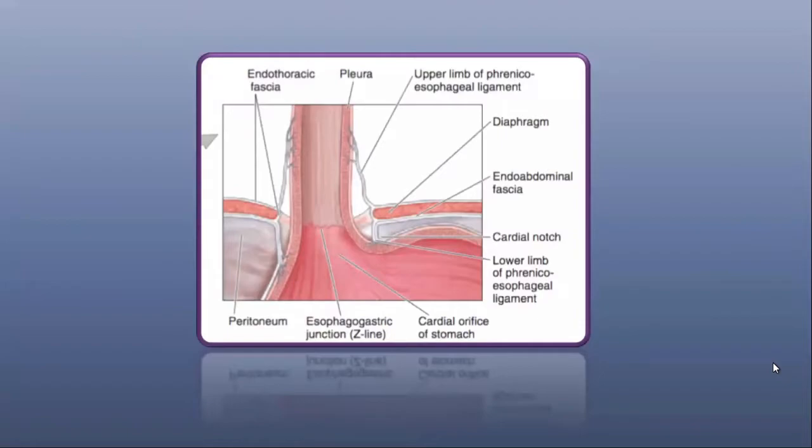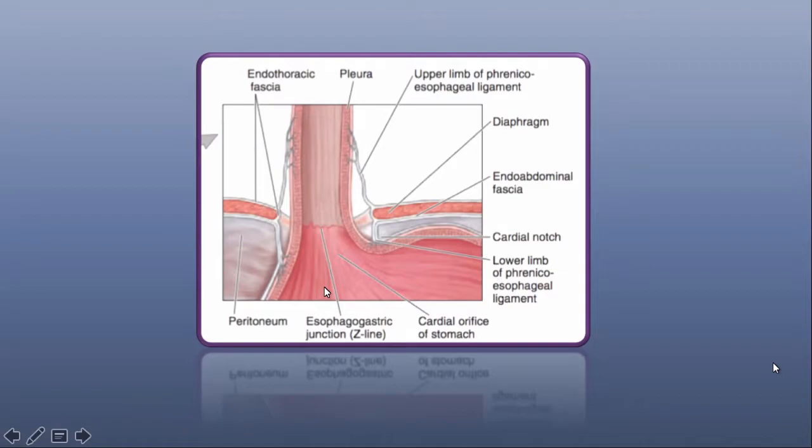Now, take note of this important area here. This is known as your esophagogastric junction, or the surgeons and endoscopists designate this as the Z-line. So this is the Z-line, a jagged line where the mucosa abruptly changes from your esophageal mucosa becoming gastric mucosa.